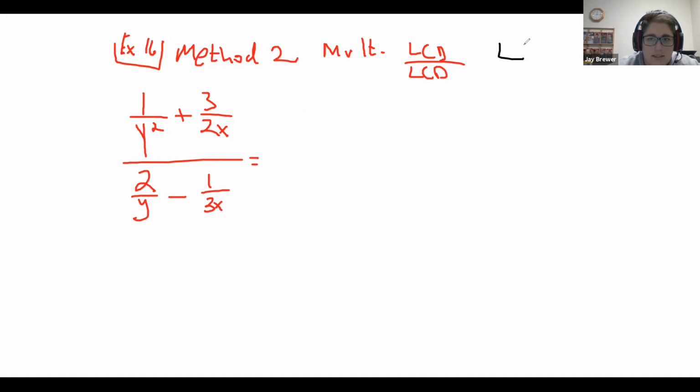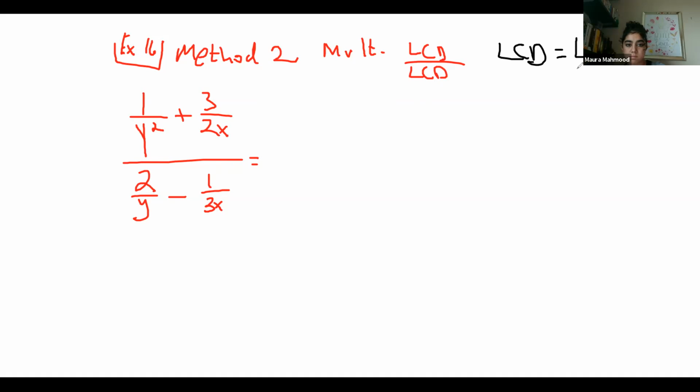So our LCD, you have to look at y squared, y, 2x, and 3x. So if we look at all those together, 2 and 3 will give us what? What's the lowest thing 2 and 3 go into? 6.